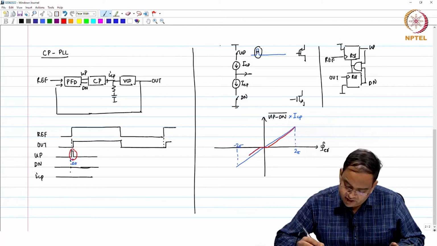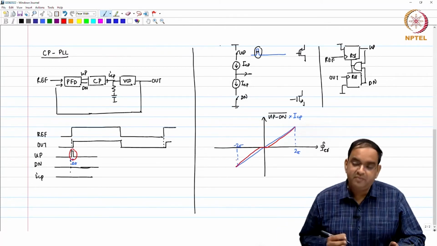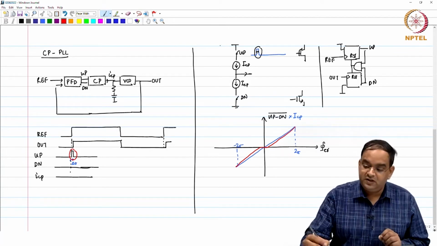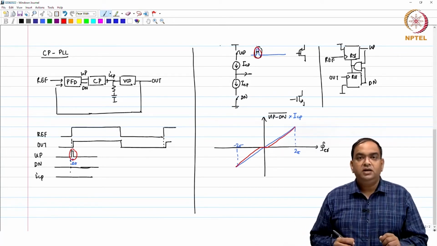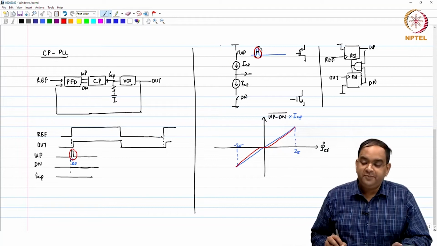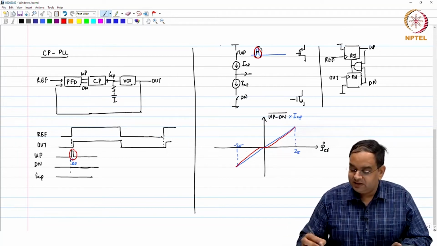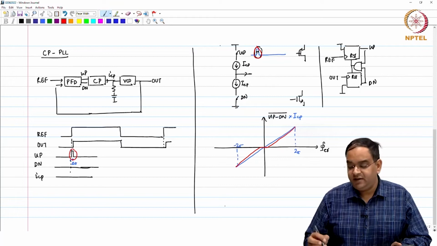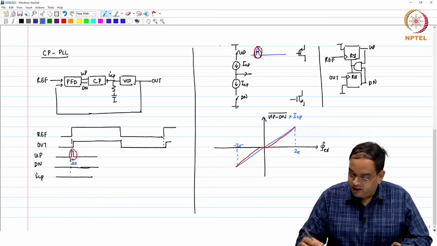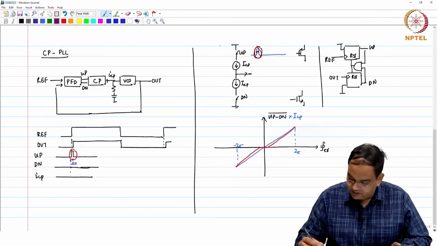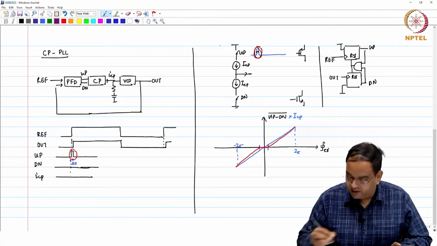So, here we are only saying that you need some minimum time for this pulse to turn on the switches. If you do not give that minimum pulse time, you will have error, and you can think of that minimum pulse time as whatever you are seeing here.